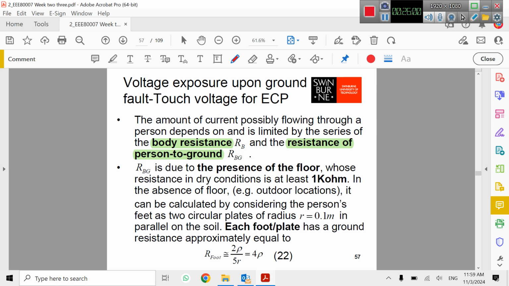We have another resistance, which is the resistance of the person to the ground, in the case of your shoe, or even if you are barefoot, between your foot and the ground. This one is given by RGB. The RGB is due to the presence of the floor, whose resistance in dry condition is at least 1k ohm. So we expect RGB to be around 1k.